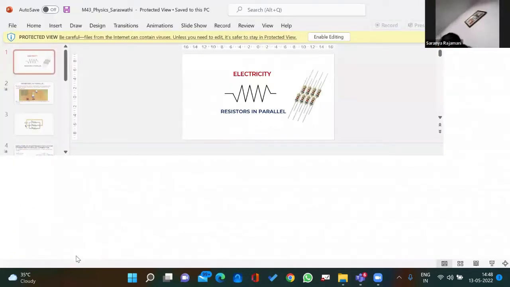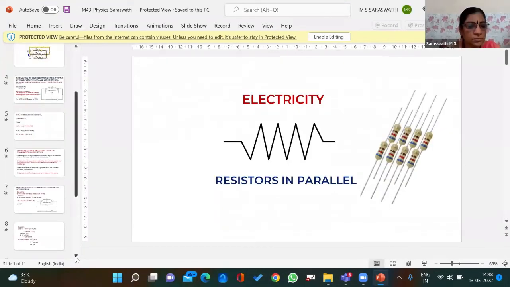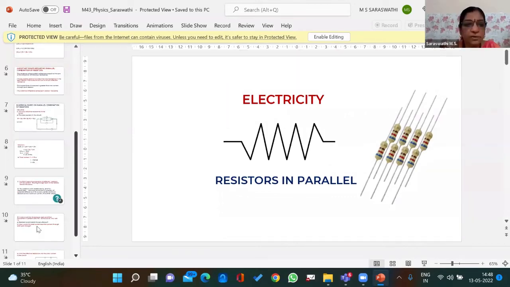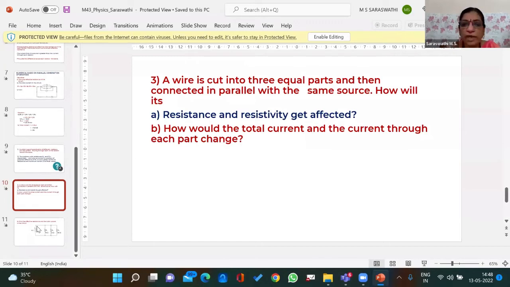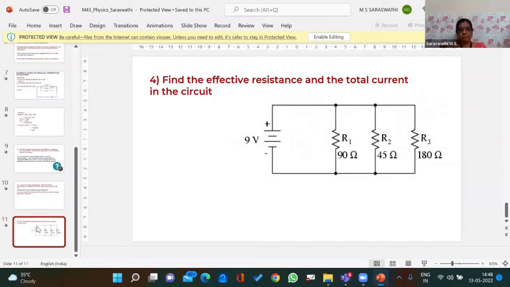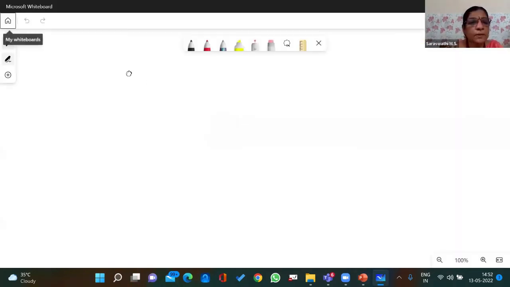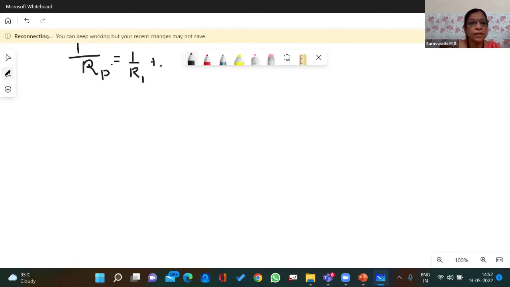So we will go on to this. Can you do this? How are the resistors connected? They are connected in parallel. So 1 by Rp equals 1 by R1 plus 1 by R2 plus 1 by R3.